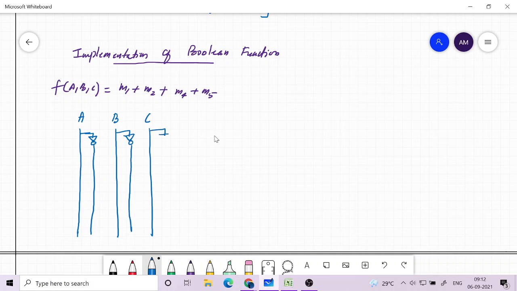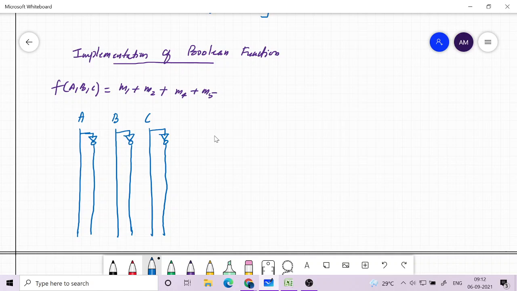This is the complement form. In a digital circuit usually A, B, C as well as A bar, B bar, C bar are available. From that we have to construct the given Boolean function.